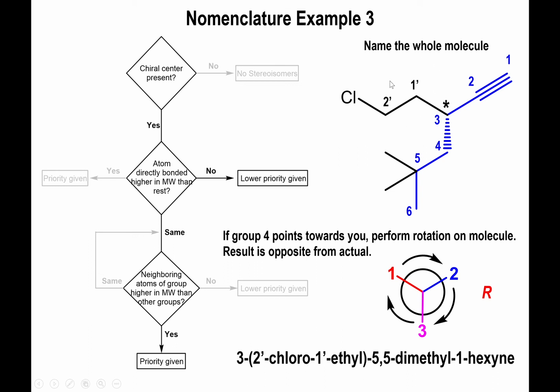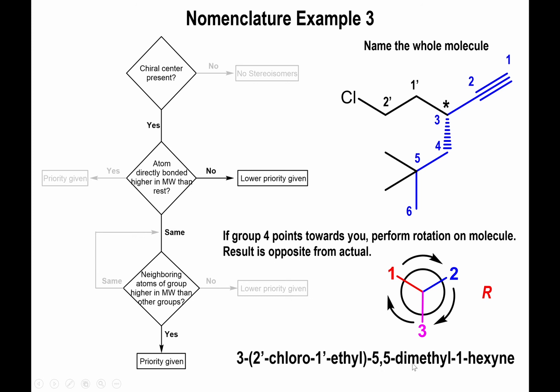This entire group is the 2-prime-chloro-1-prime-ethyl. And that entire thing in parentheses has the regular 3, not 3 prime, in front of it to tell us that this entire segment is the substituent that's bound to the parent chain.